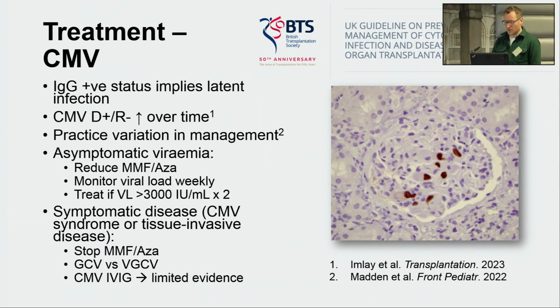IV ganciclovir would be used more specifically for tissue invasive disease, where you might have colitis that might affect your ability to absorb oral valganciclovir. There's currently limited evidence to suggest any benefit from CMV IVIG.